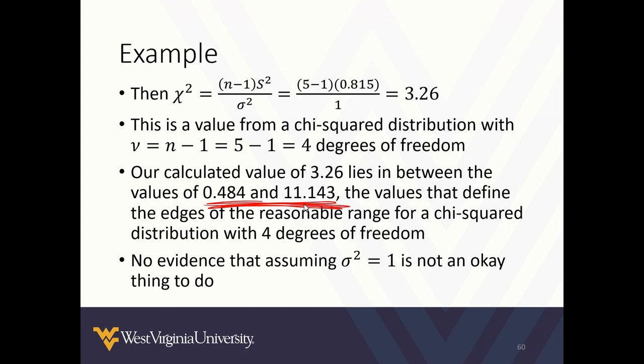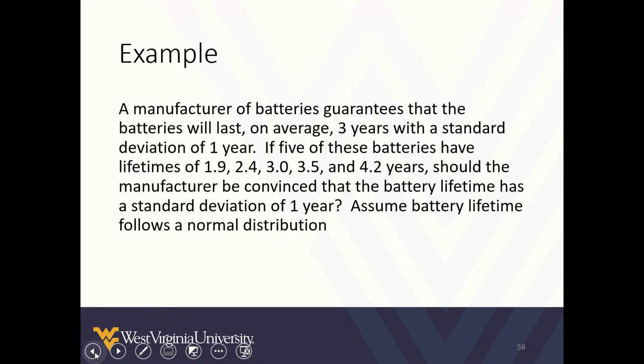Again, it's within the range, so we say it's reasonable. If it's outside the range, we assume we have problems. And this range is fully dependent on our sample size.